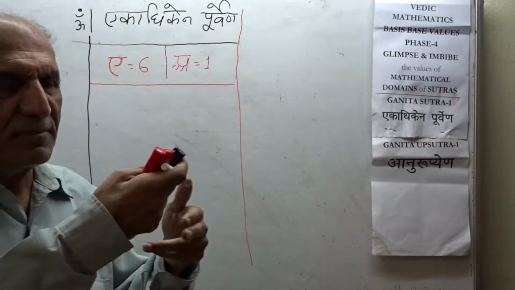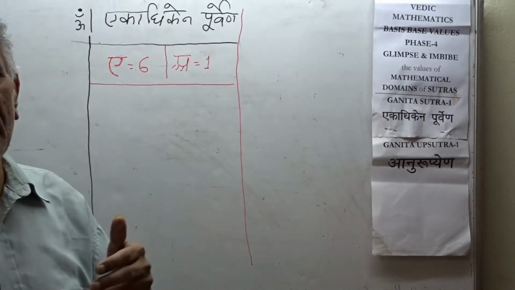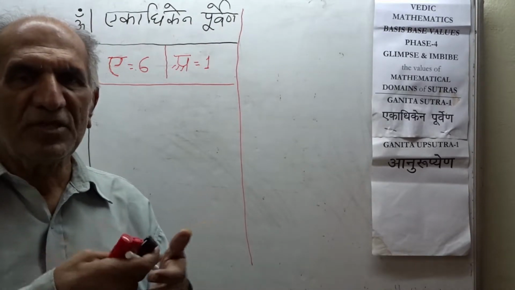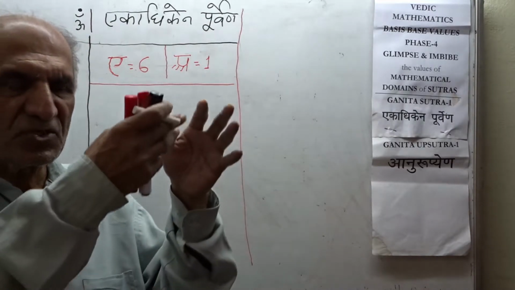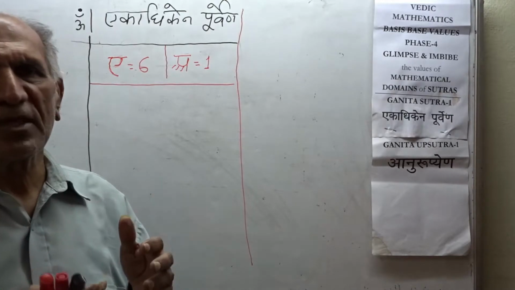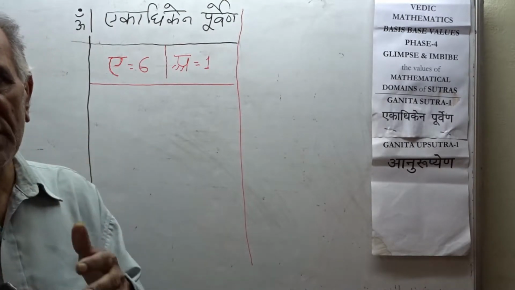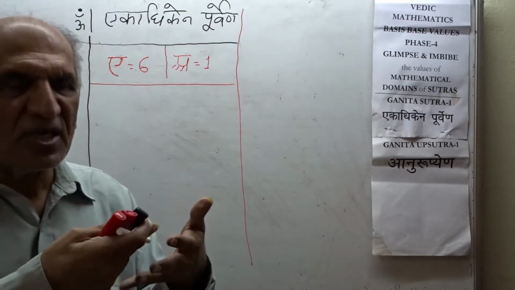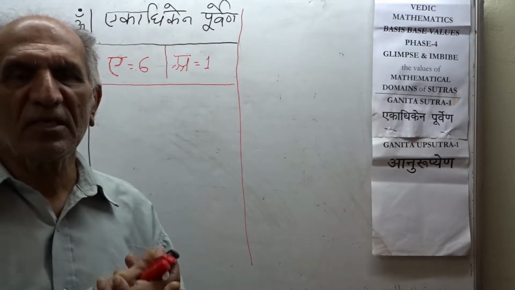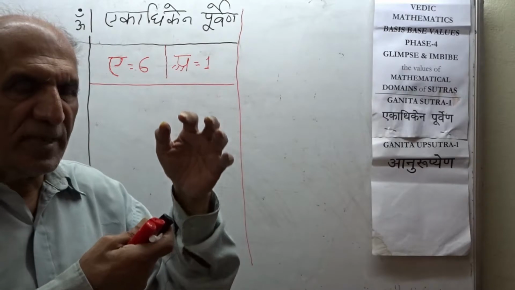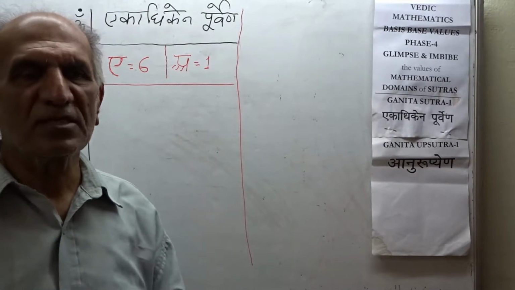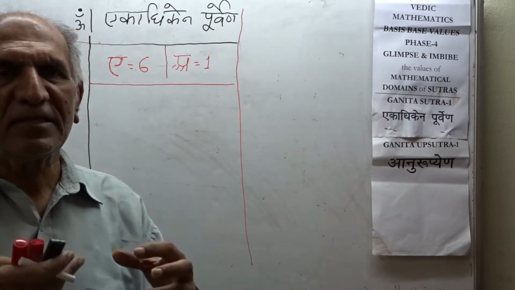So the gaps between the 16 Ganita Sutras are bridged by the values of Ganita Sutras. The 16 Ganita Sutras together with the 13 Ganita Sutras, integrated as Ganita Sutras, making the bridges, filling the gaps of the mathematical domains of the Ganita Sutras, give us one mathematical domain.